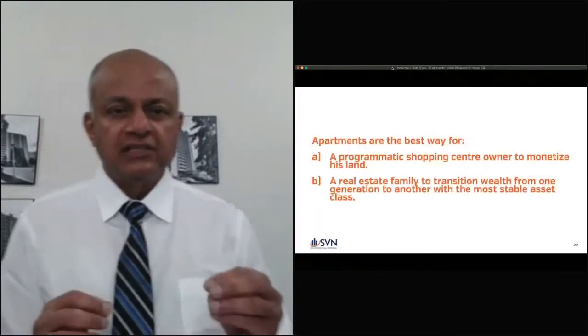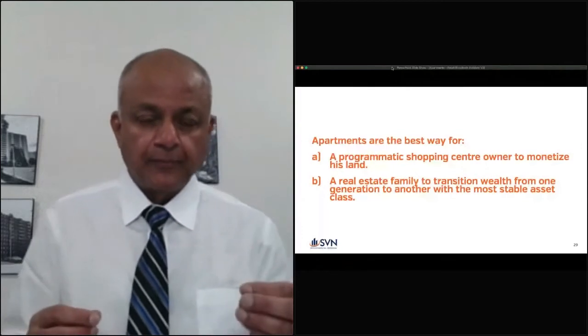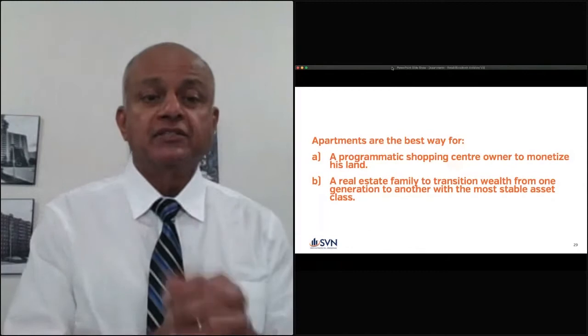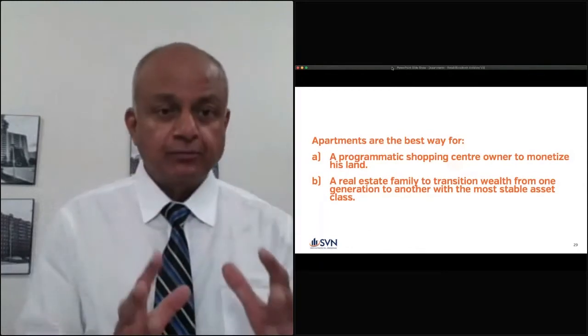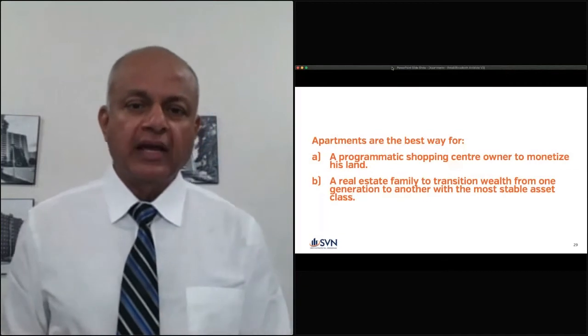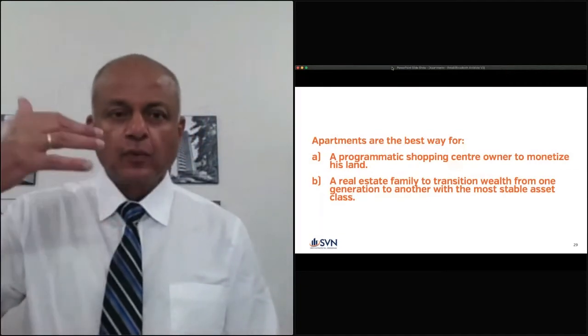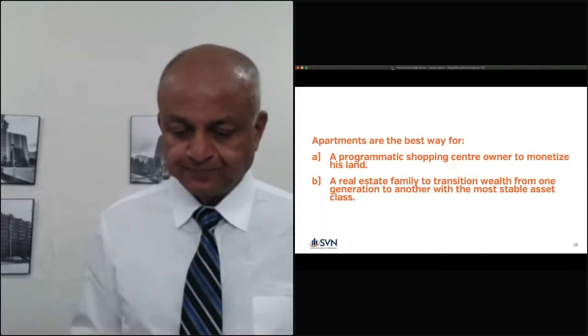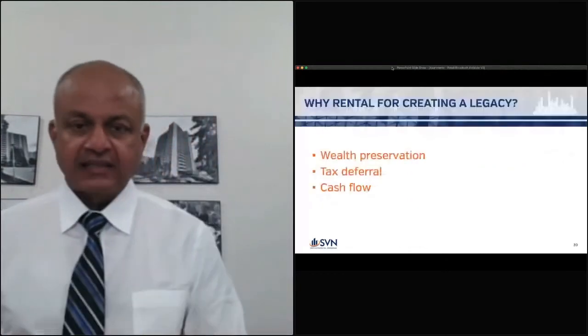If you're a real estate family that owns retail, look, retail is an active business and it goes up and down with the economy. Apartments don't. Apartments are recession proof, and that's been proven over and over again. Apartments are probably the best way for you to generate wealth for your family and transfer it from generation to generation. Okay, we're getting to the last slide.